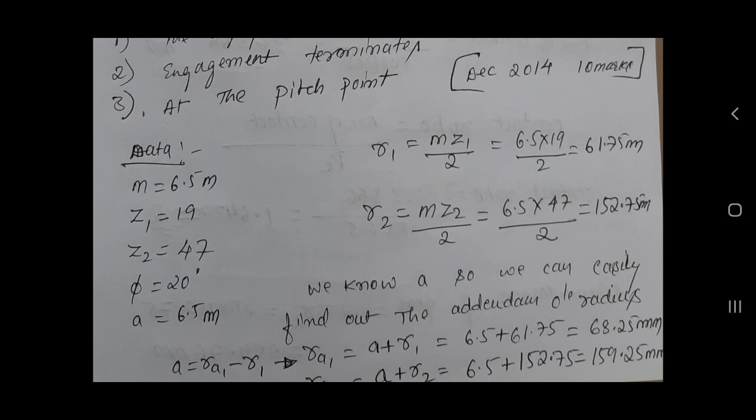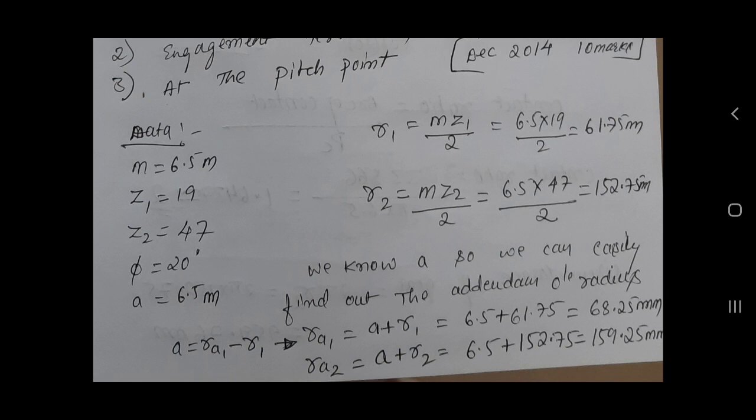We couldn't use the number of teeth directly while solving the problem. While deriving, we consider the addendum circle, the pitch circle and the dedendum circle: the topmost circle, the bottommost circle, and the pitch circle, which is an imaginary circle. So let me convert using the basic formula. R1 is equal to m z1 divided by 2, where m is 6.5 and z1 is 19, divided by 2, which gives 61.75 millimeter.